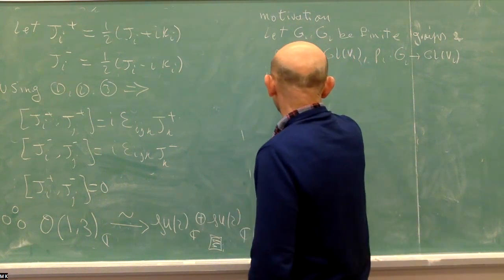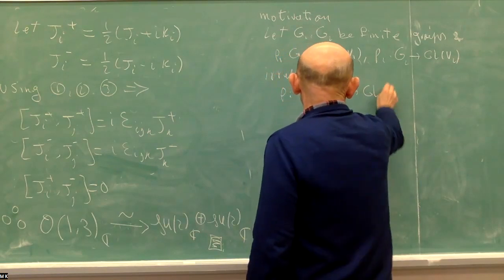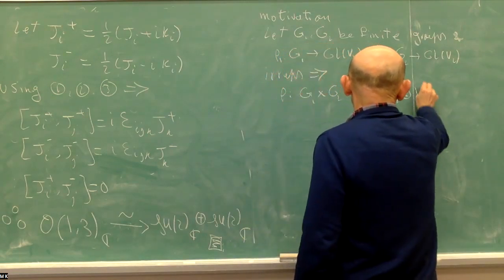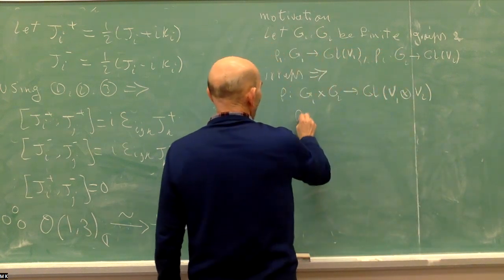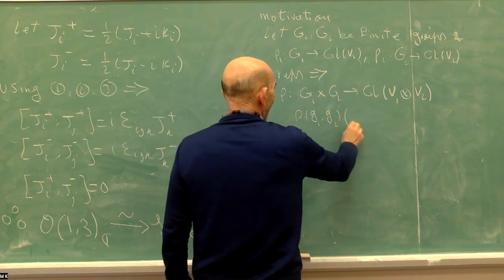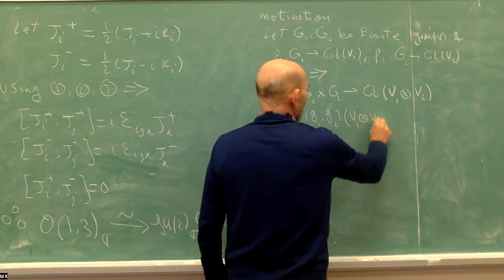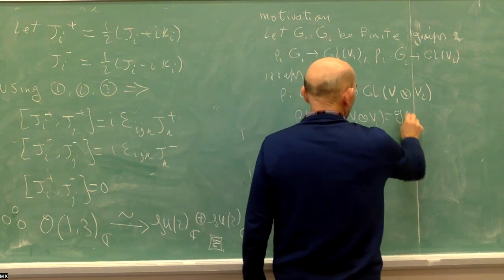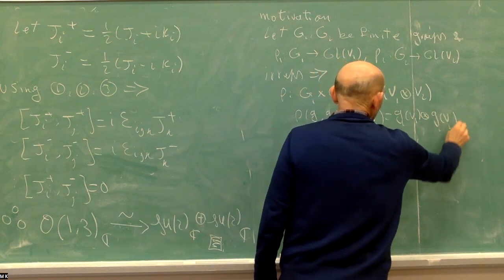We get rho from G1 times G2 to GL(V1 tensor V2), where rho of (g1, g2) acting on V1 tensor V2 is equal to rho 1 of g1 V1 tensor rho 2 of g2 V2.